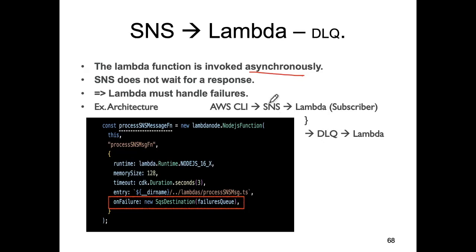If it was SQS that was here, then I would connect SQS with the dead letter queue, and the SQS service would take care of putting faulty messages into my DLQ. But now the Lambda service has to do it. And so the way I do it is by means of this configuration down here. It's part of the configuration of your Lambda instance.